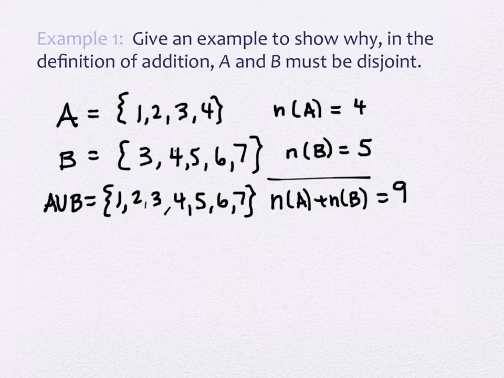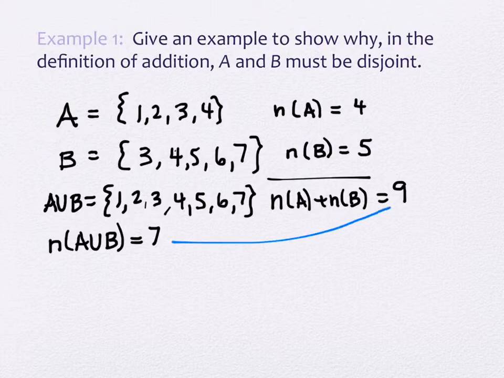Remember, union means I get it all. It's the marriage ceremony: yours, mine, and ours. What is the number of items in this union? 7.